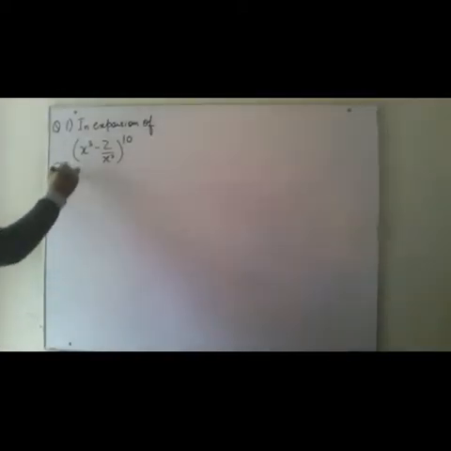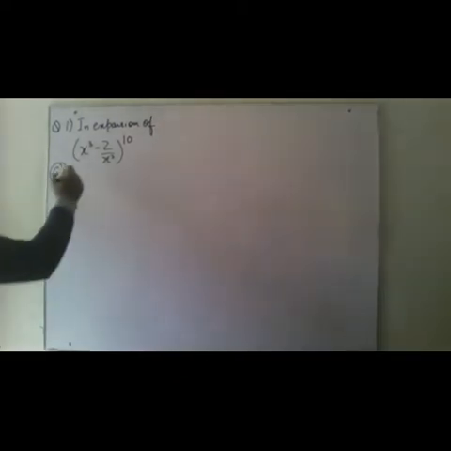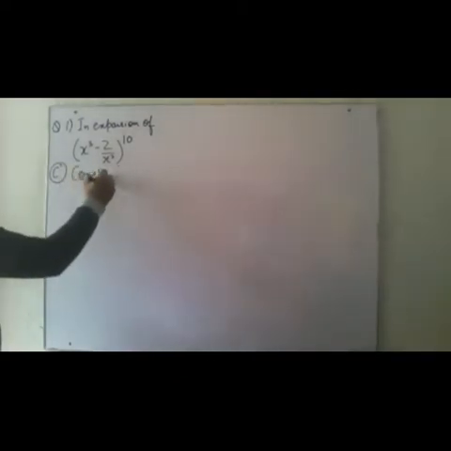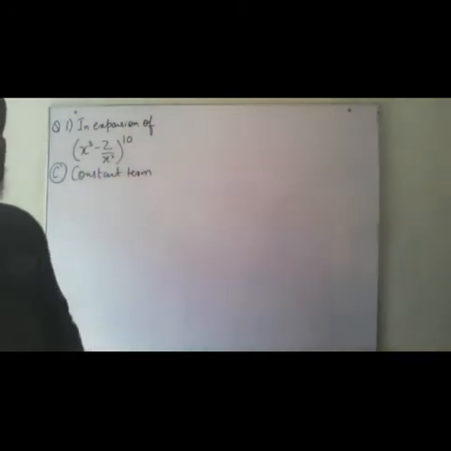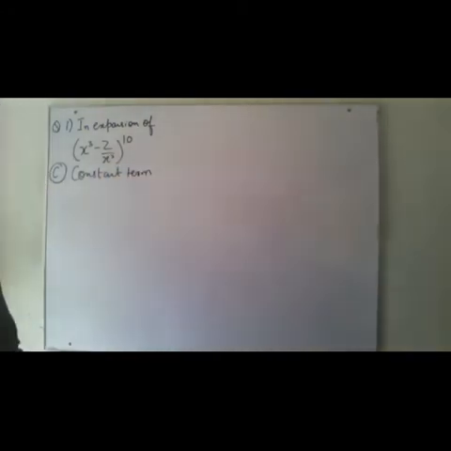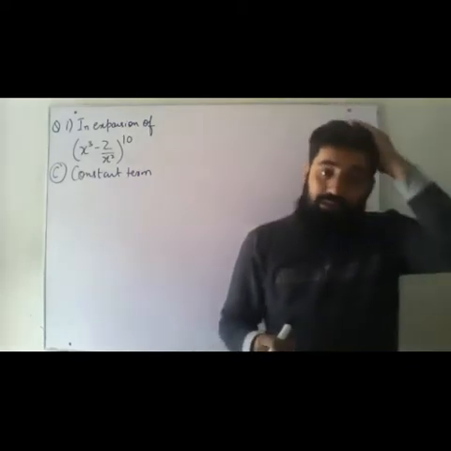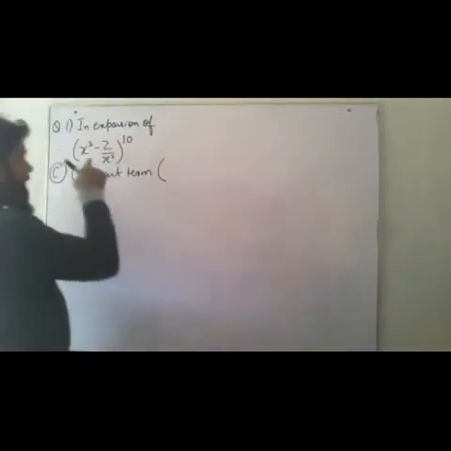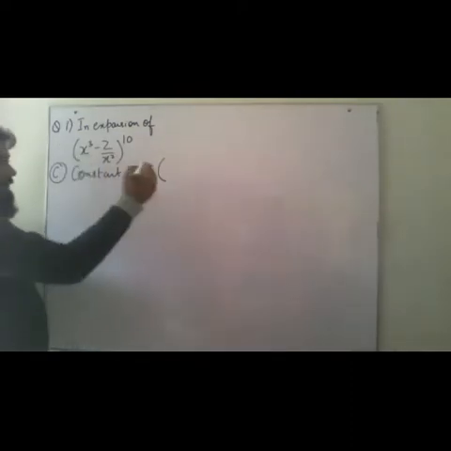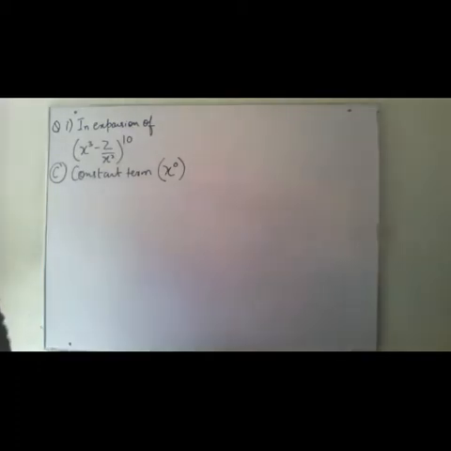The question is saying that in this expansion, I have to find the constant term. What do I mean by constant term? Whenever they say that in an expansion you have to find a constant term, it means you are going to take the power of that variable as 0.